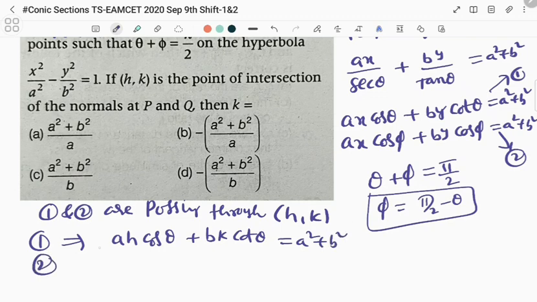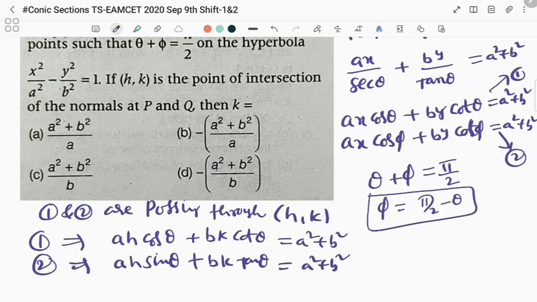Equation 2 also, ah sin theta. So wherever here phi is there, you get cos of pi by 2 minus theta, sin theta will come. Next bk tan theta, this is cot phi, equal to a square plus b square.